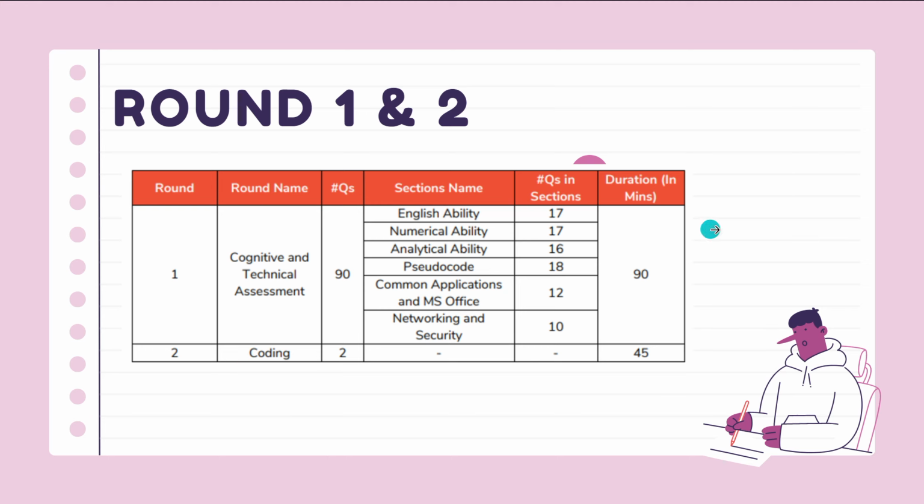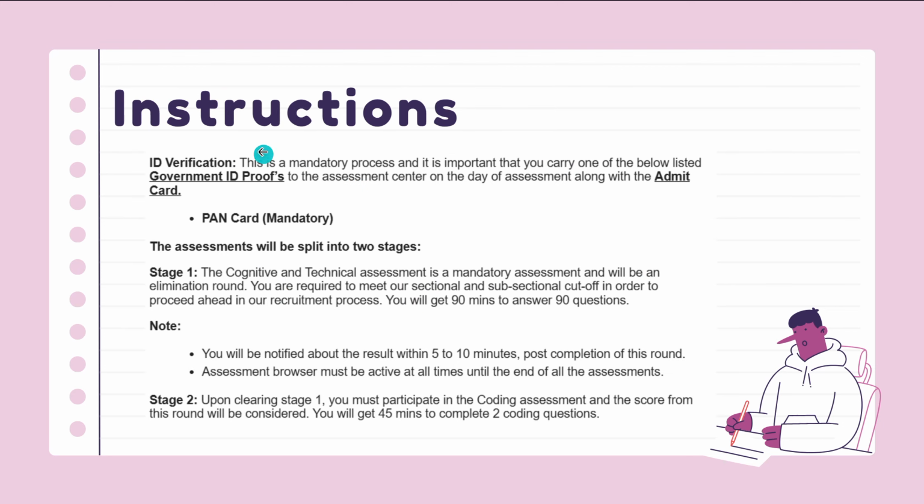Now let us see what will happen in these 2 rounds. Instructions: ID verification. This is a mandatory process because without your PAN card you are not eligible for writing the exam. It is important that you carry one of the listed government ID proofs to the assessment center on the day of assessment along with the admit card.